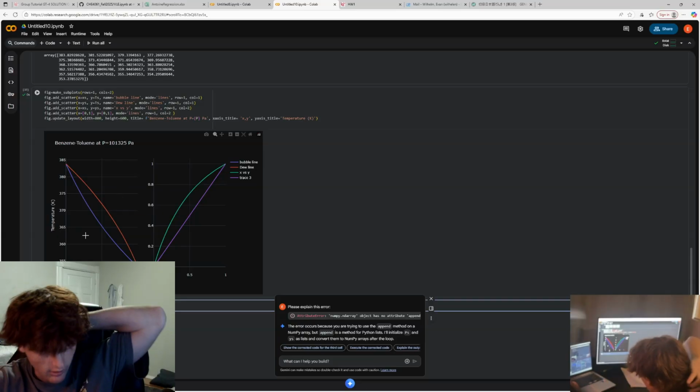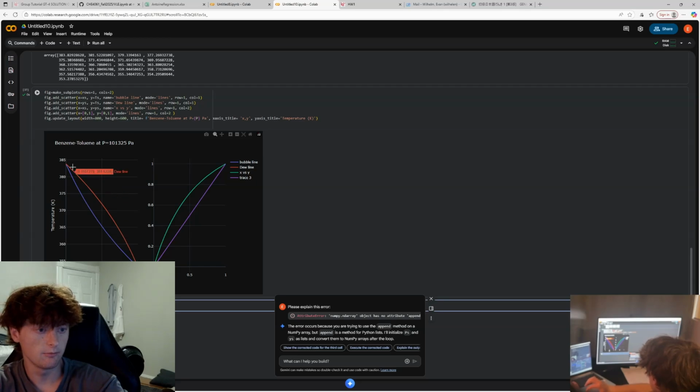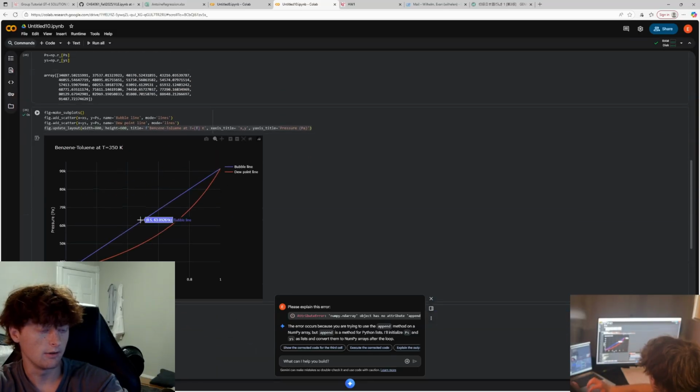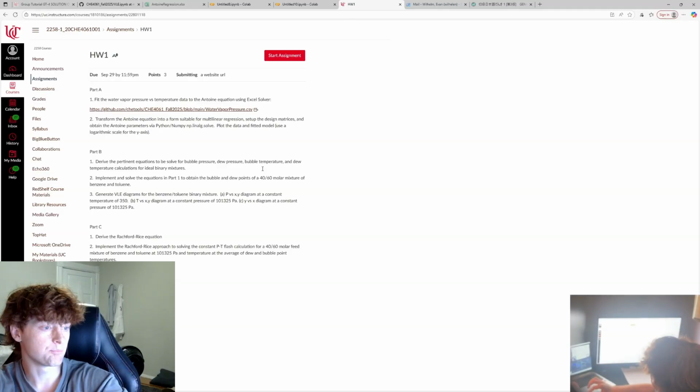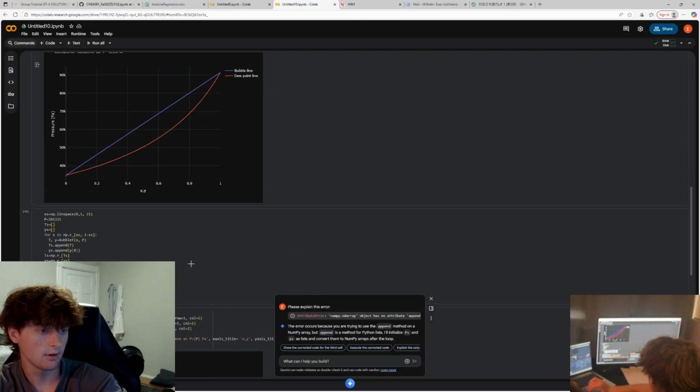Yeah. Okay. So yeah, there is our temperature VLE graph with pressure at a constant. There is our x versus y, and there is our pressure versus xy with temperature at a constant. Yeah, so yep, we have our graphs for our VLEs for each one.